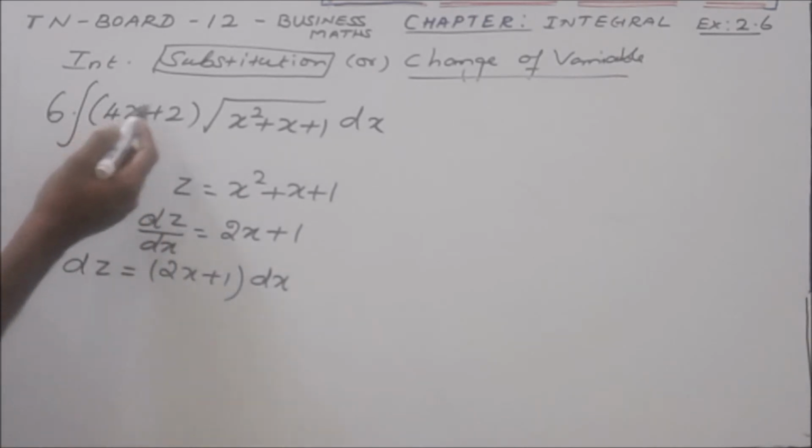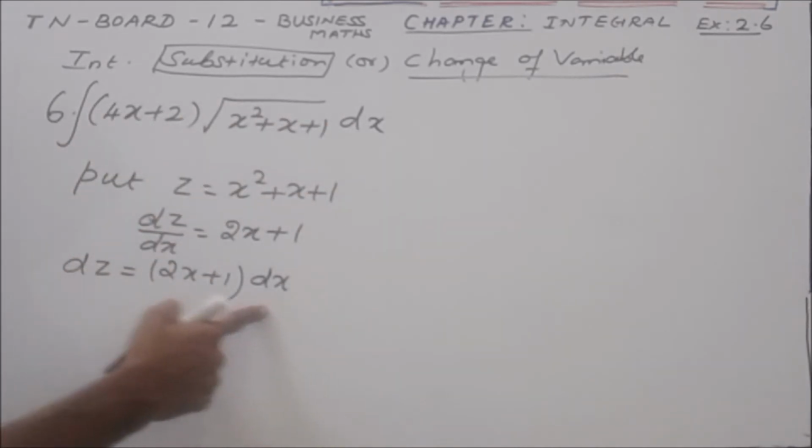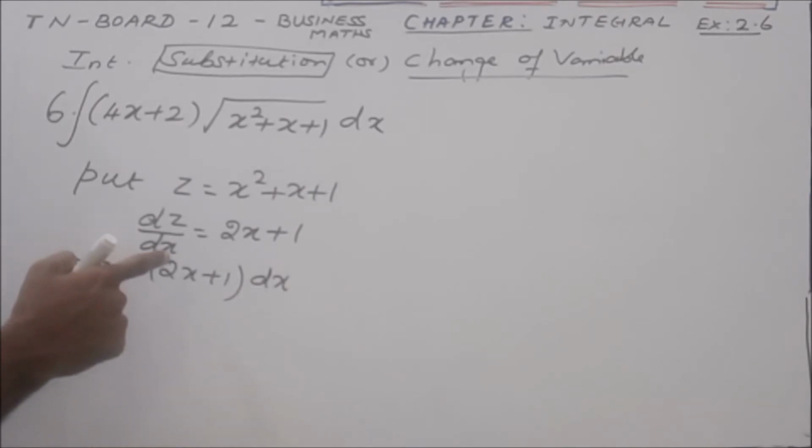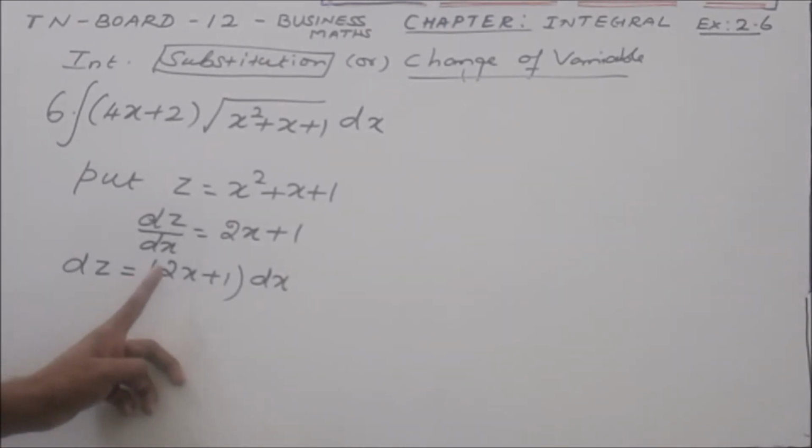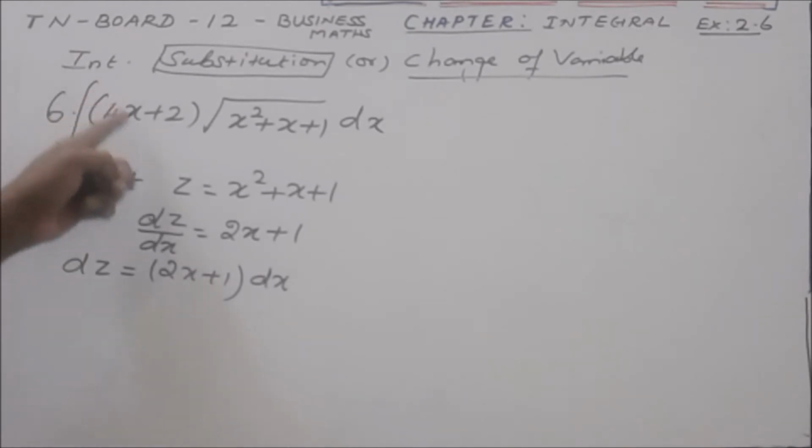Here we have 4x plus 2 into dx, but in our dz term we have only 2x plus 1 into dx. Look here, multiply it by 2 to get 4x plus 2, so we can get the remaining term.